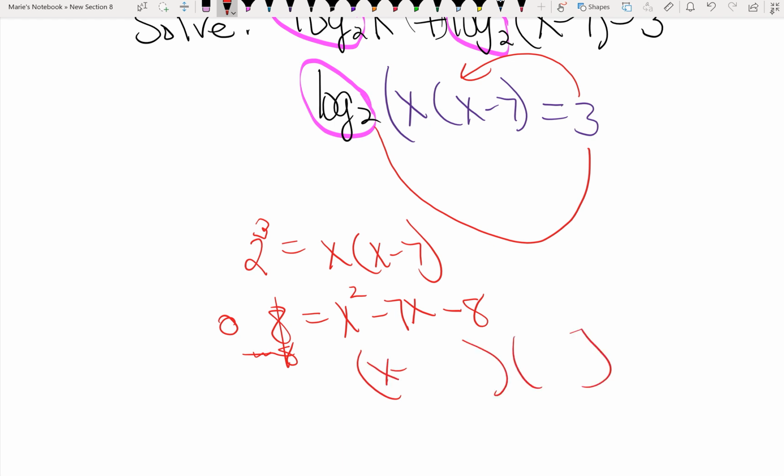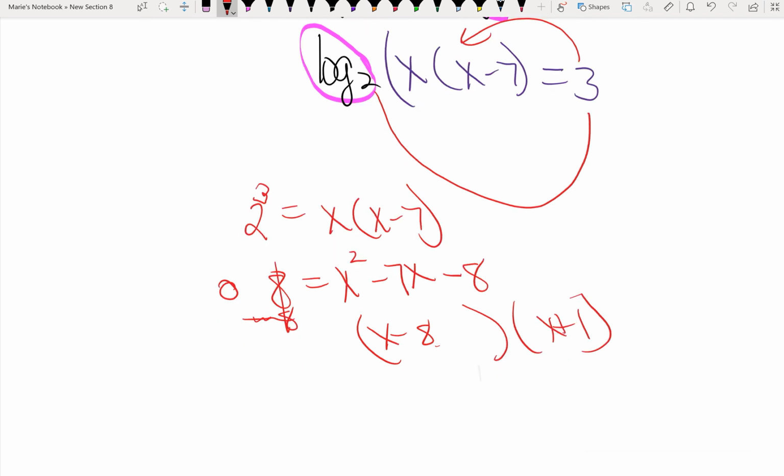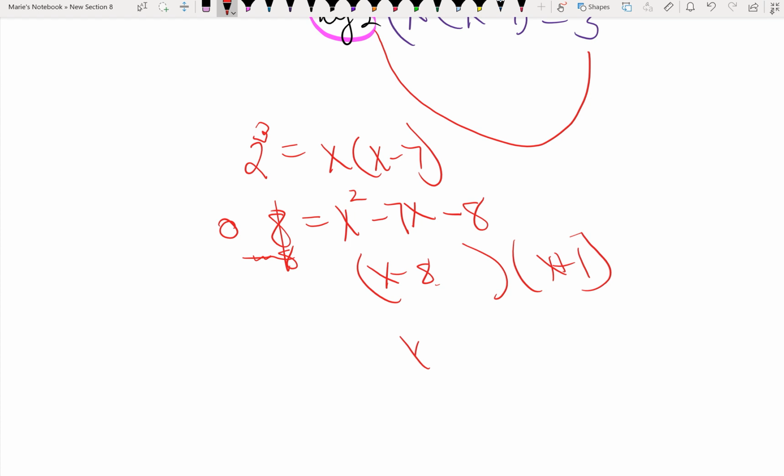I'll get x minus 8 and x plus 1, so that gives me negative 8 as the product and negative 7x as the sum. So yes, that's good. x minus 8 equal to 0 means that x is equal to 8. x plus 1 equal to 0, however, means that x is equal to negative 1.